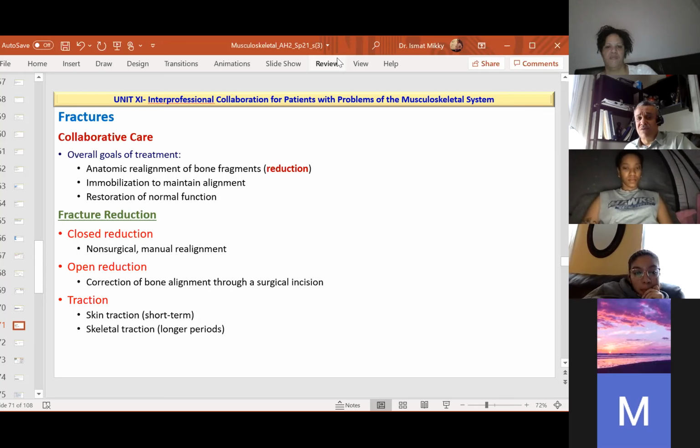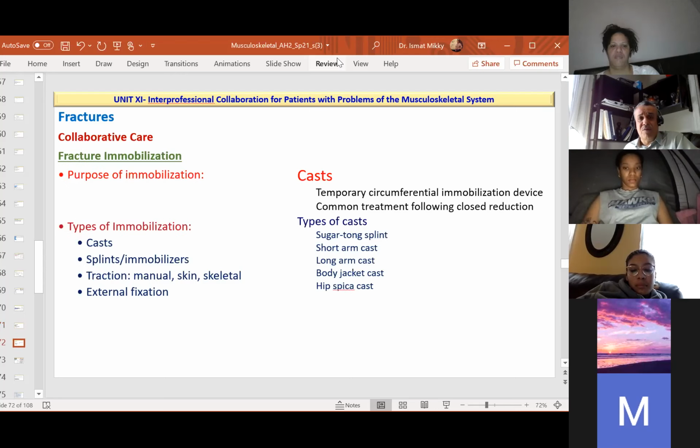Skin or skeletal traction can be used for upper or lower extremity fractures to reduce the bone, in other words, to realign it and resume the normal anatomic position. So reduction is to fix the fractured bone and make it resume the normal anatomy.